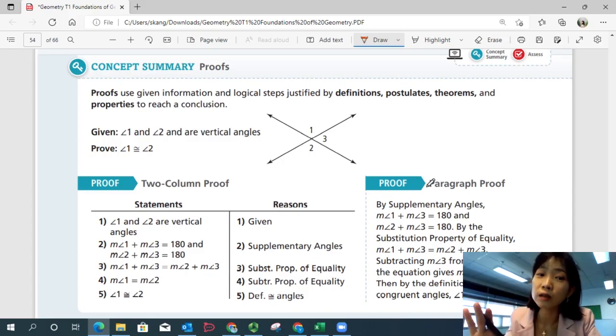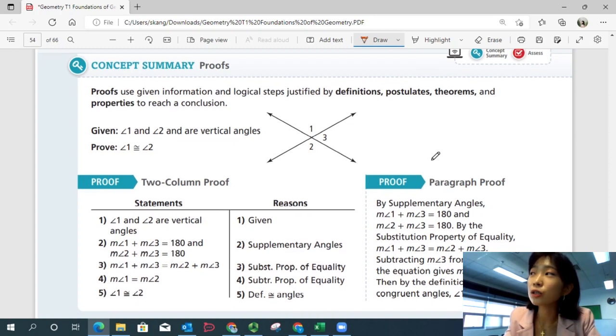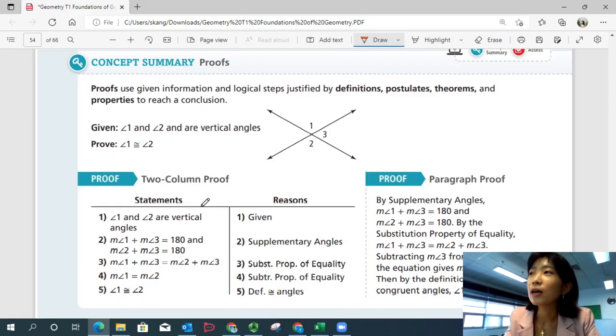There are numerous other ways to write proofs, but these are the 2 proofs that we learned today. Notice that they're the same proof, they're just formatted differently. So in a 2-column proof, you start with the given statement, you write all the statements down in 1 column and all the reasons in the other. And for each step, it's really clear that you have a corresponding reason, okay?